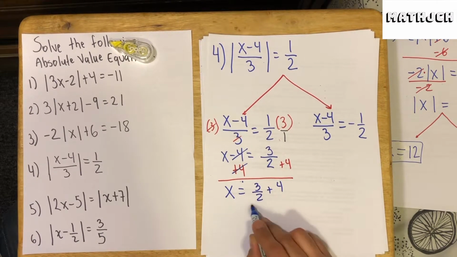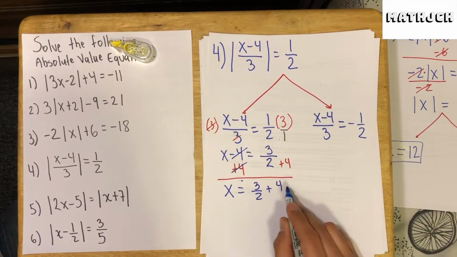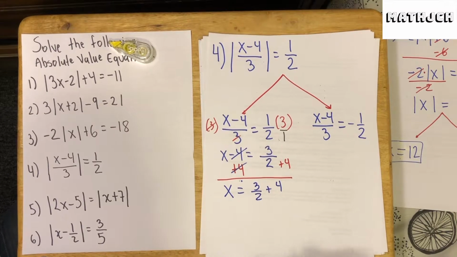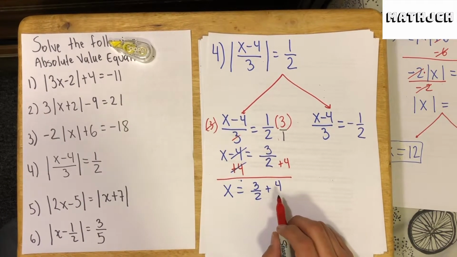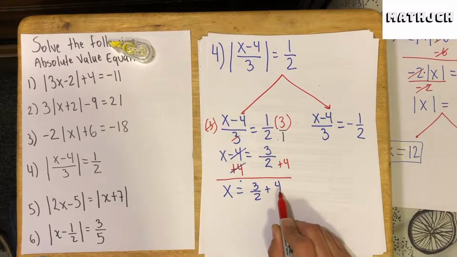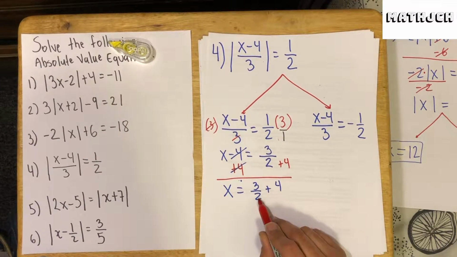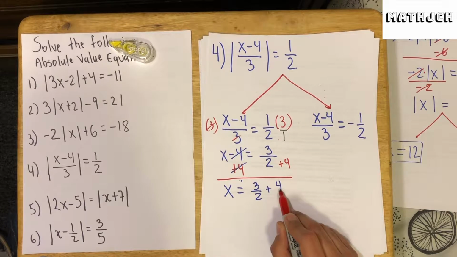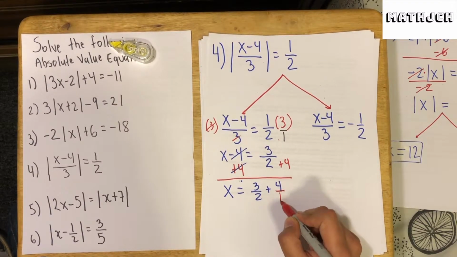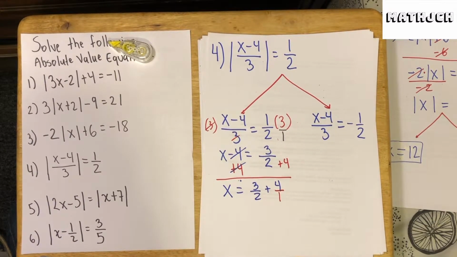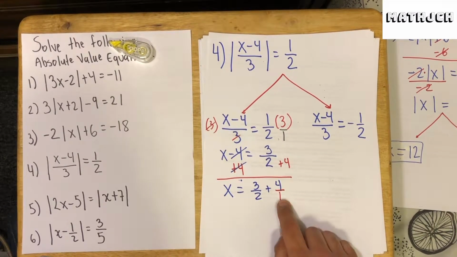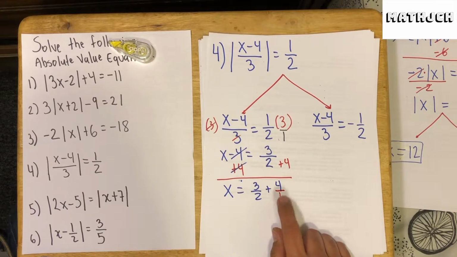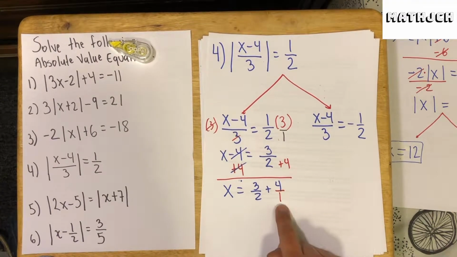Now, the next step is to add a fraction with a number. In order to add fractions, if you remember, we need to have the same denominator. The denominator of 4 automatically will be 1, because 4 doesn't have a number there, but there is an invisible 1, so we could add it to make it easier for us to add both fractions.